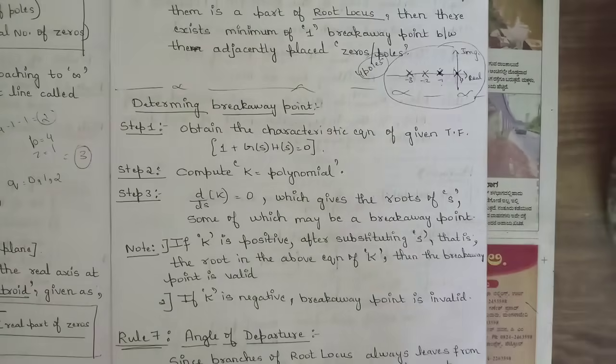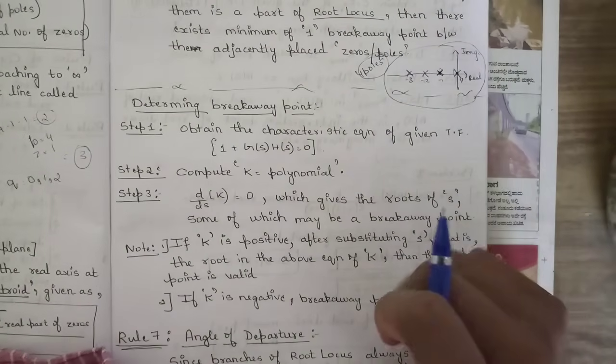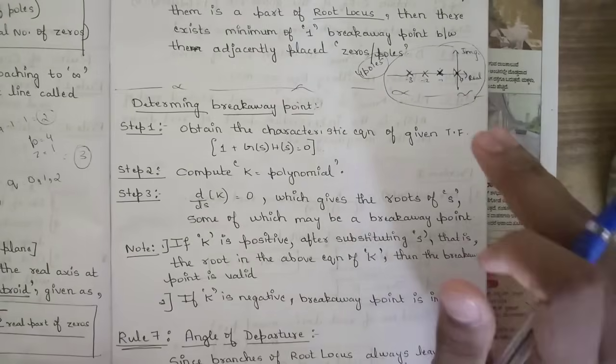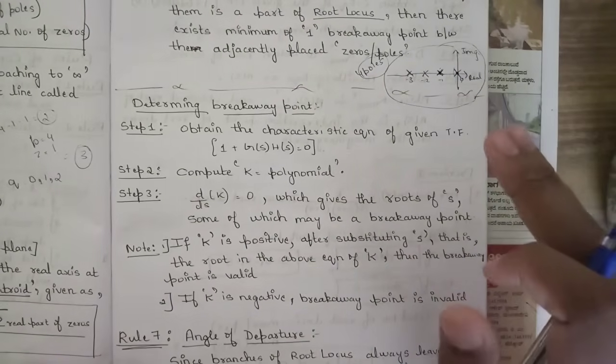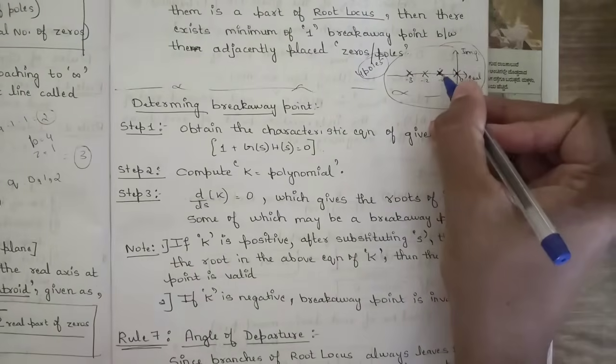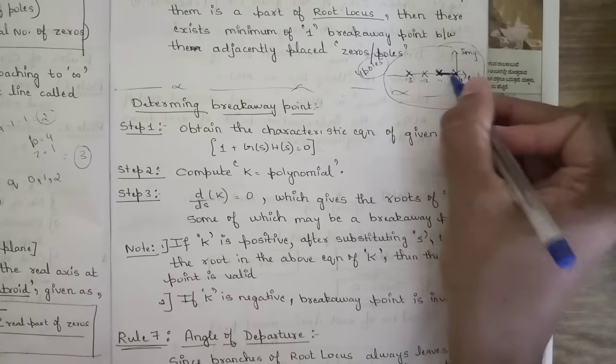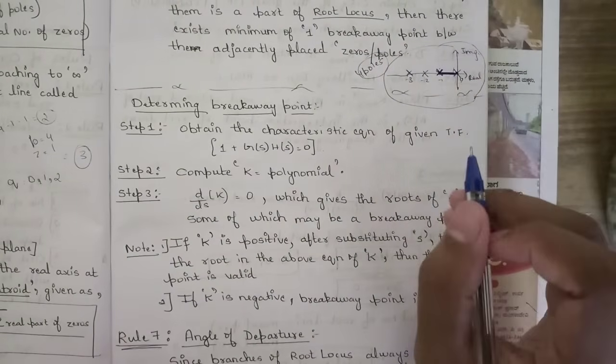If from a particular pole, looking to the right, the number of poles is odd, then we can say the section between that pole and the nearer pole is a part of the root locus. So this section here is a part of the root locus.